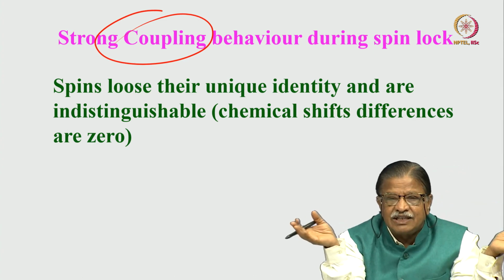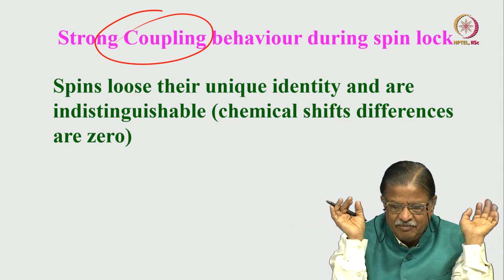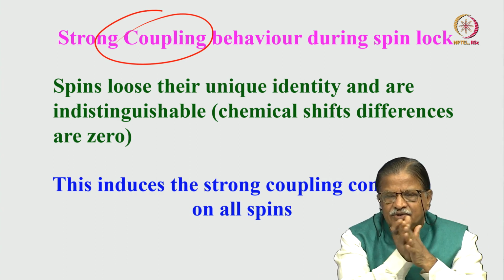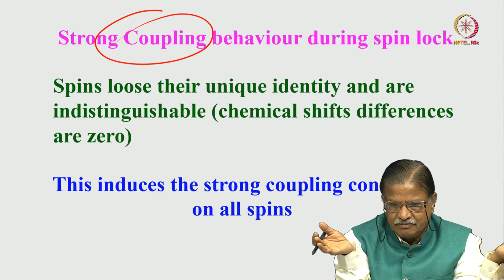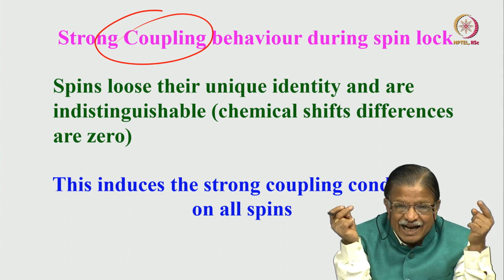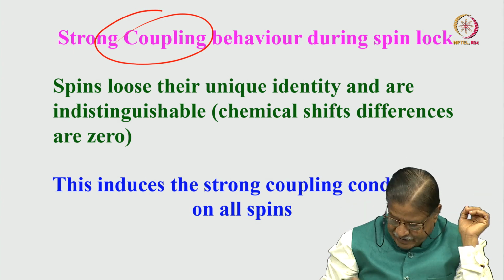Here you cannot distinguish. The spins lose their identity. They are indistinguishable because chemical shifts are 0. And this strong coupling is induced on the entire spin system. So the spin lock pulse, in summary, remember, creates a strong coupling effect on all the coupled spins.